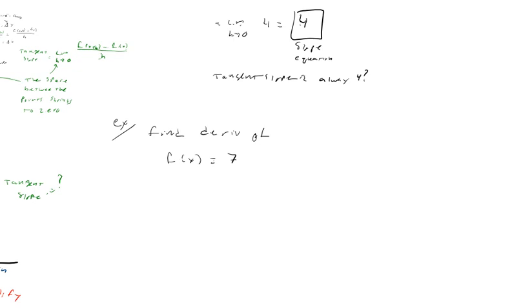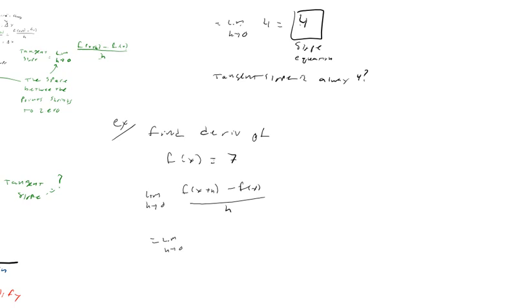So again, we have our limit as h approaches 0 of f of x plus h minus f of x over h. So f of x plus h, well, I have to plug x plus h into the x in this equation.